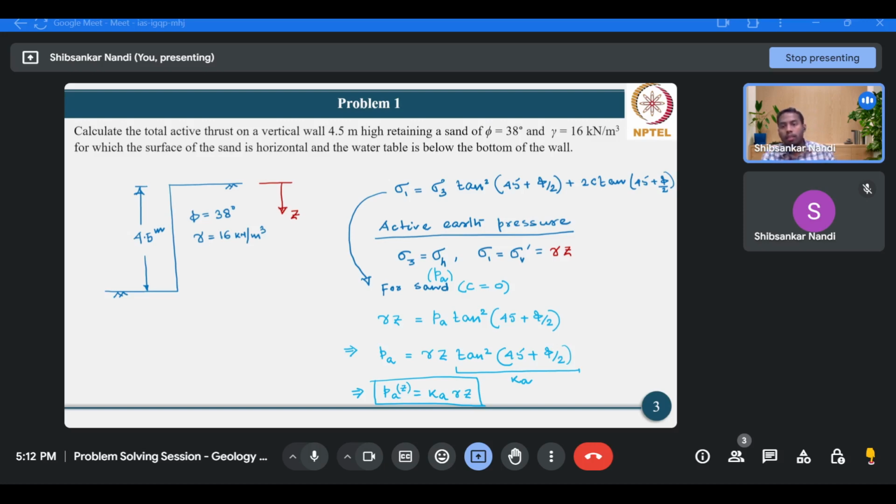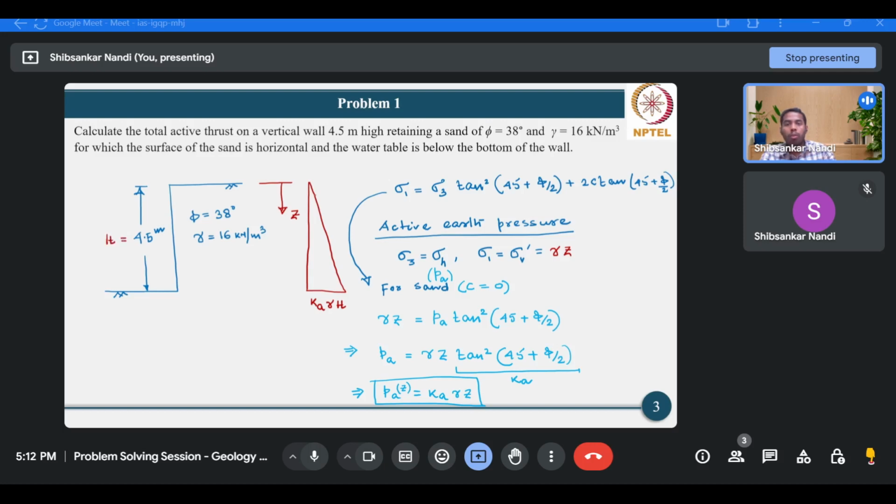So we will have a variation like this. It will start from 0 at the top of the backfill and reach a value Ka gamma H at the base of the wall.